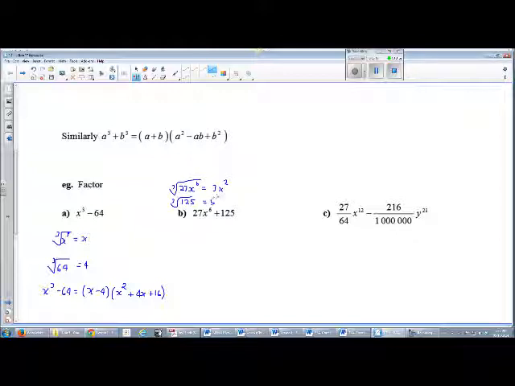So 27x to the power 6 plus 125 equals, short bracket, 3x squared, same sign as what's given, so plus, cube root of 125 is 5. And then the long bracket, 3x squared squared, so 9x to the power 4, plus 5 squared, so plus 25. And then the product of these two with the opposite sign would be minus 15x squared.